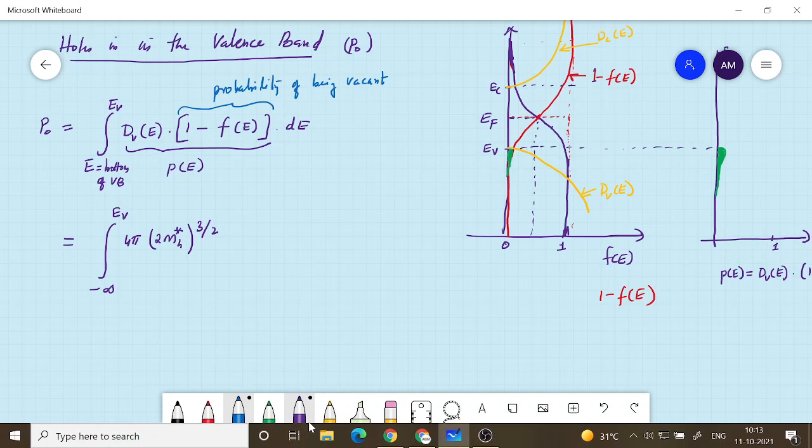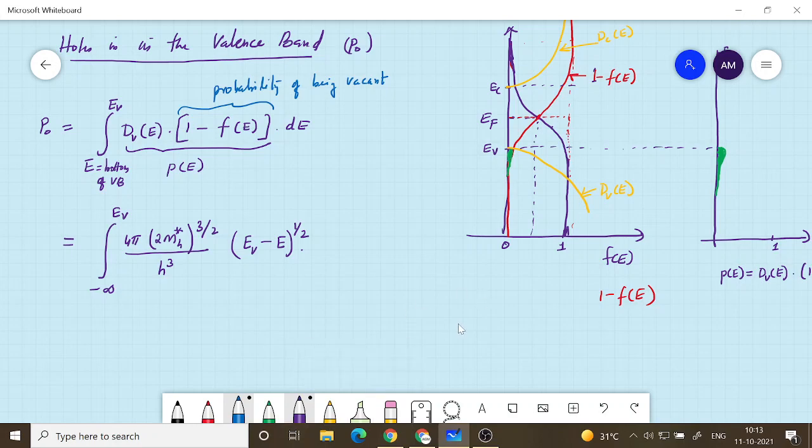Divided by h cube, then I have EV minus E the whole raised to half into, now this 1 minus f of E.